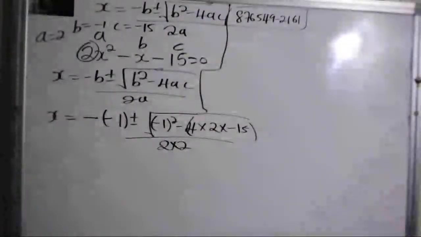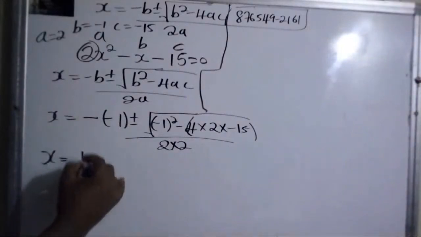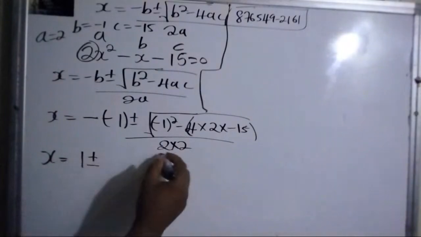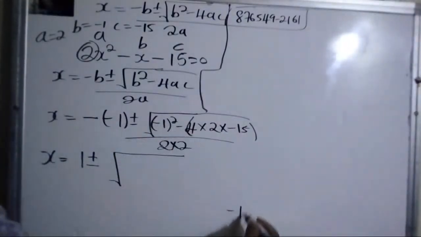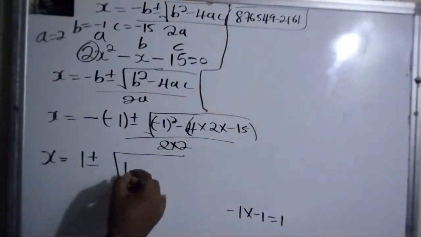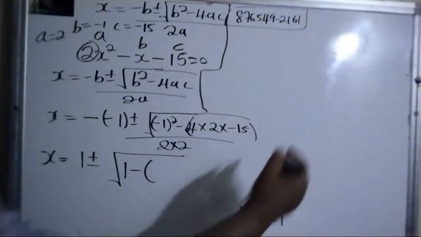Alright, let's go. So we have x equals, negative times a negative will give us positive 1, plus or minus. 1 squared means negative 1 multiplied by negative 1, which is positive 1. So we have positive 1 minus, and then we say 4 2s are 8.